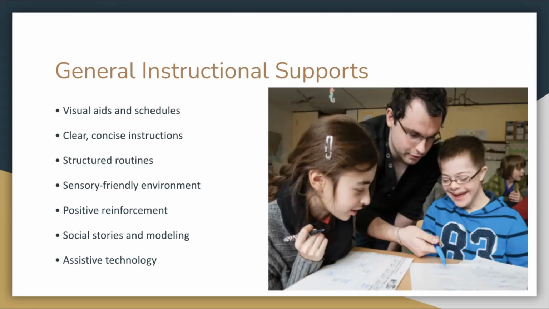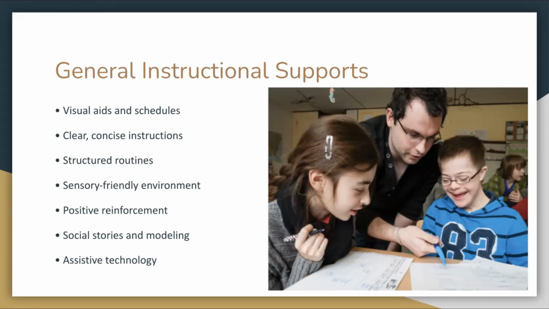The visual schedules and visual aids have a tremendous impact on students, especially at the younger age, and especially all students with autism. We also need to have clear, concise instructions. Our expectations for students need to be clear and consistent. They need to understand what's expected of them, and we need to be able to communicate those expectations in a way that's going to help them understand that process.